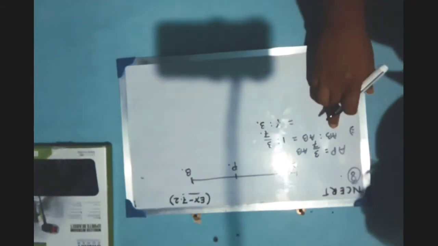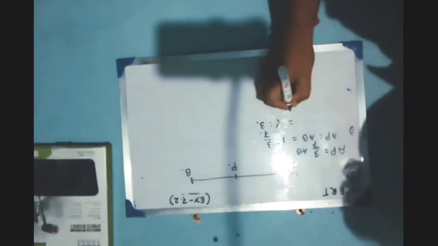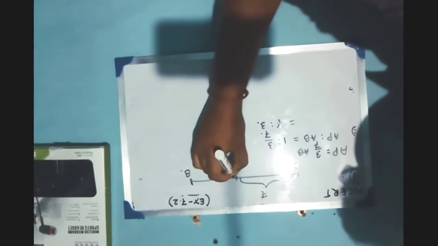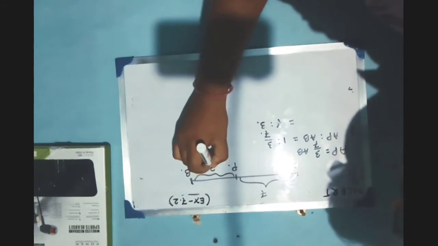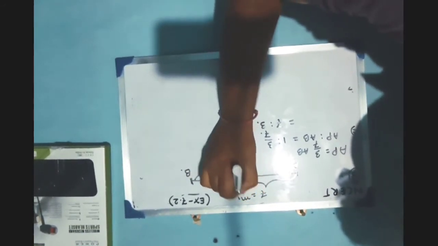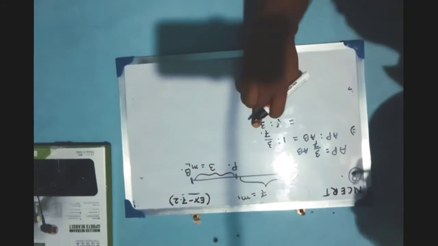So AP is to AB is equal to 7 is to 3. So this is my 7 and this is 3, means m1 is equal to 7, m2 is equal to 3.